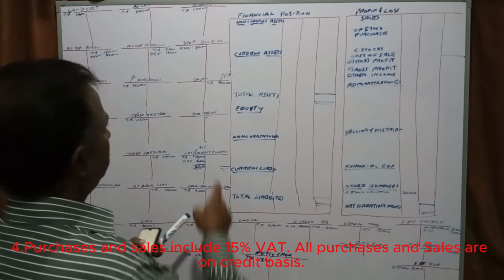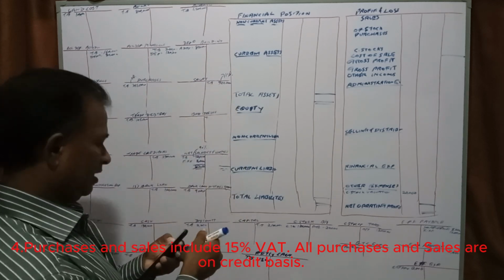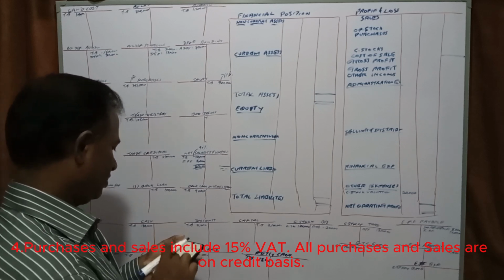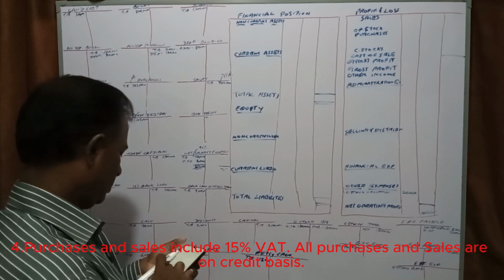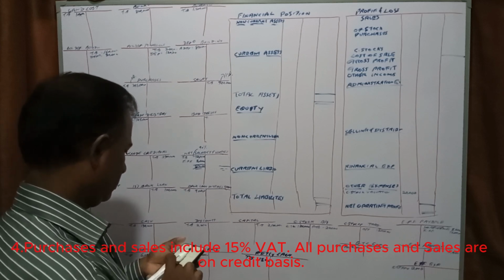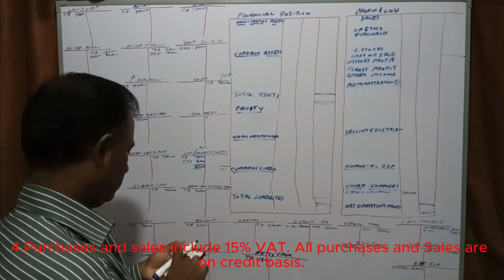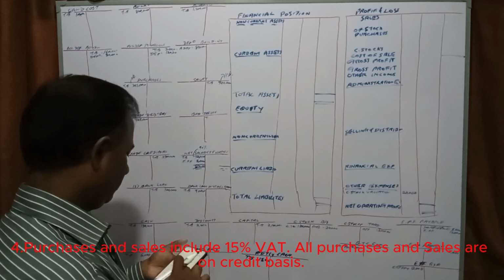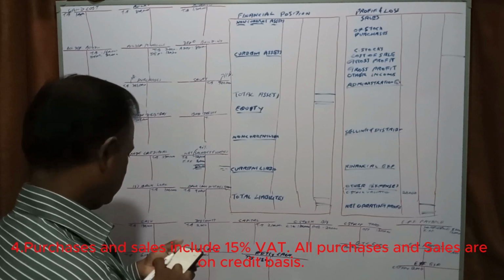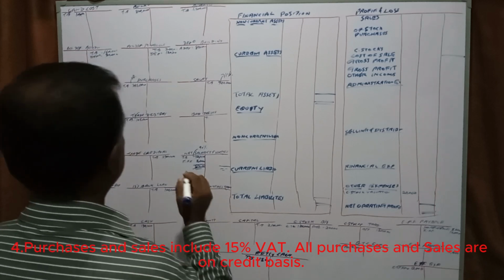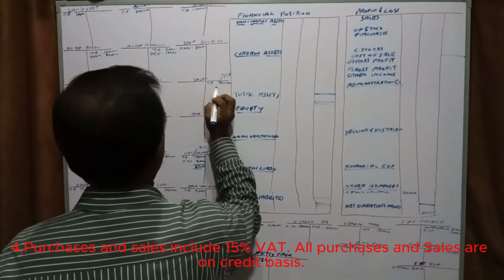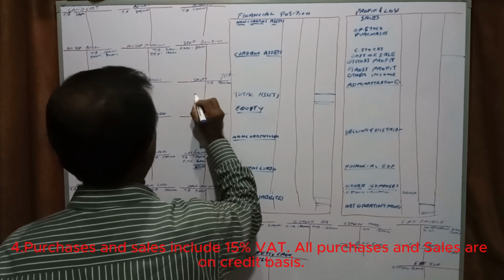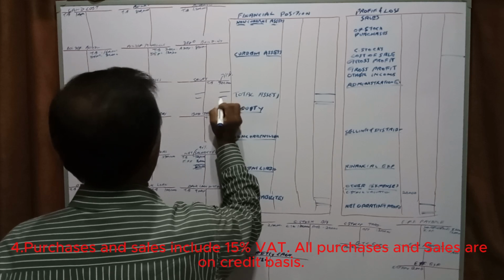So for sales, 920 is 115%, then into 100. 920 divided by 115, into 100, gives 800,000. The actual sales made is 800,000.